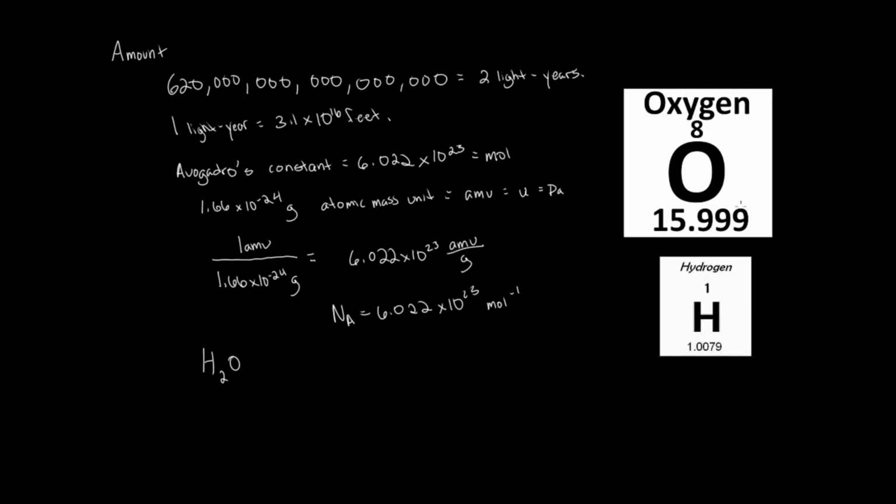When you look at it on the periodic table, let me flip this. This number here is going to be the atomic mass units, the AMU, of each of these elements. I'll switch that back.